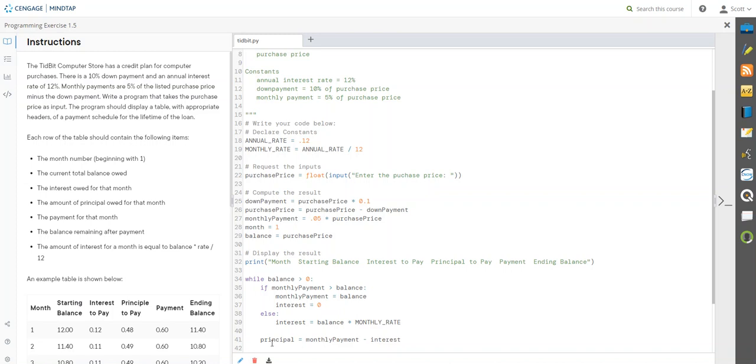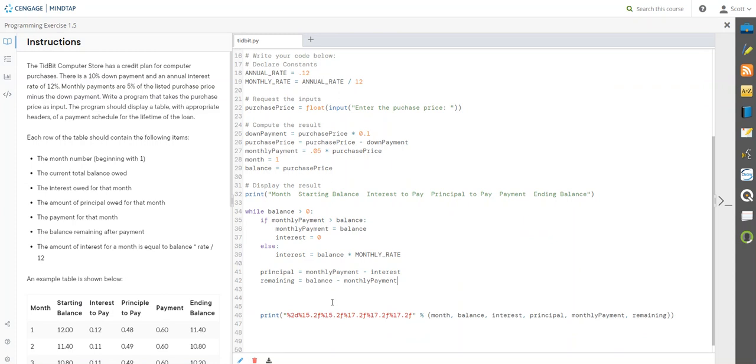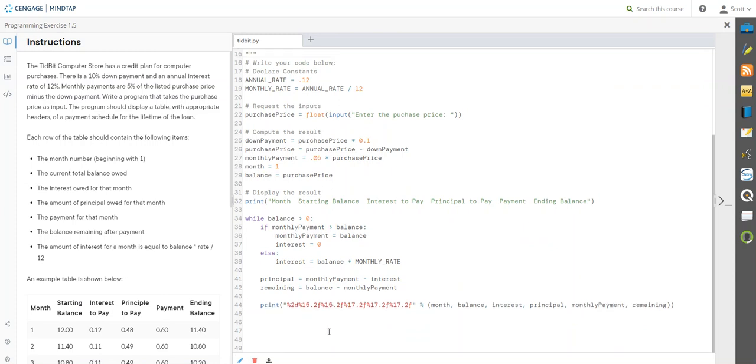So that's how much is being applied to the principal, and remaining equals balance minus monthly payment. Okay.